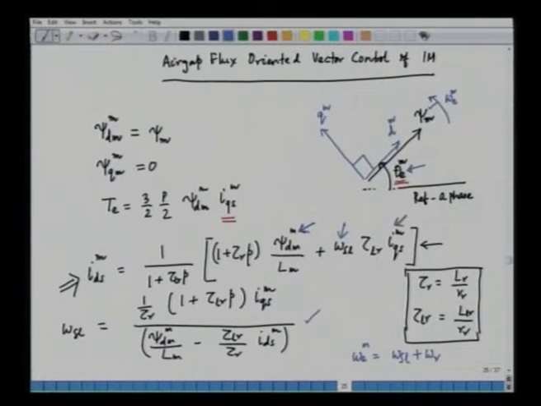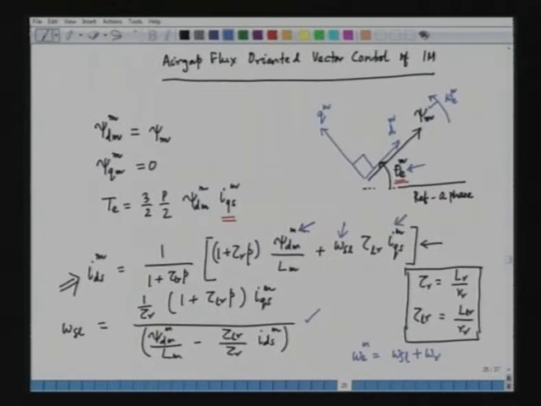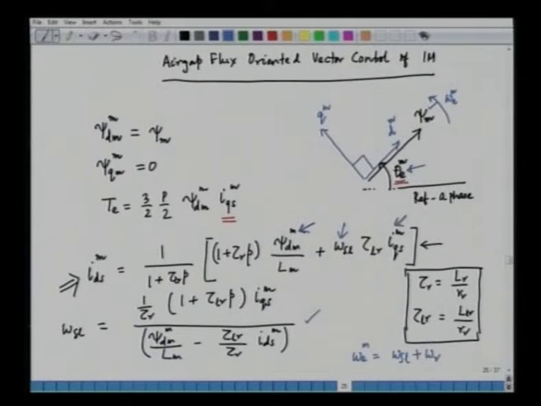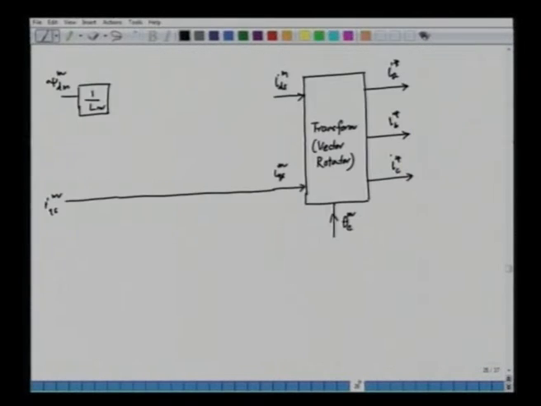So, when we want to evaluate IDSM, we have to take psi dm, omega SL and IQSM to find out IDSM. That is what we are implementing through this block diagram. So, from psi dm we divide by Lm, and then we multiply by a gain block, and this is 1 plus tau r p as per the equation.